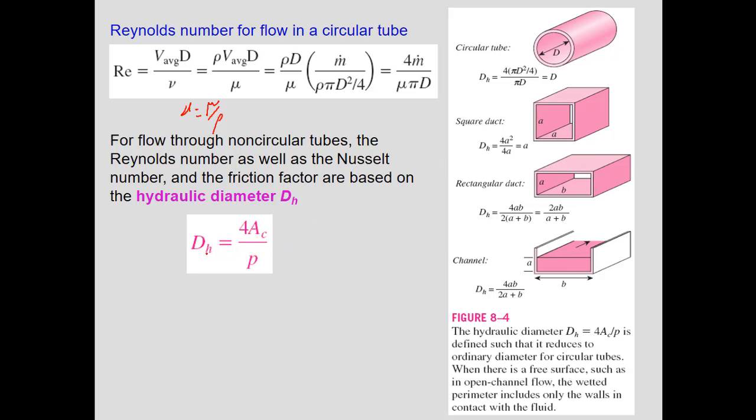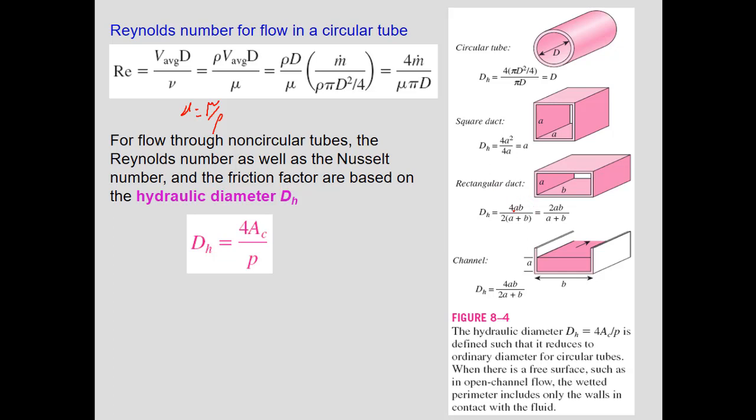So you can see here the hydraulic diameter for the square duct: DH equal to 4 AC divided by P, where AC is A squared, and P is the perimeter, so it is only 4 times A. So DH, or hydraulic diameter, for a duct like this, with the size of each side as A, will be A.